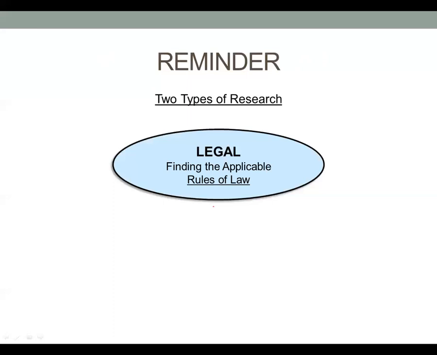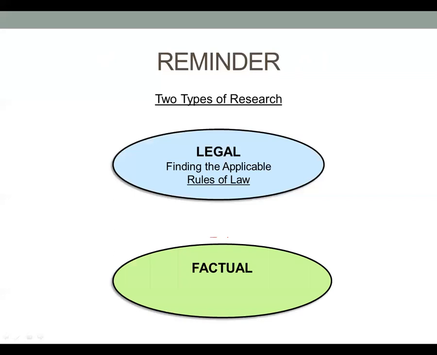But as you also saw, the minor premise or the second premise involves specific facts relating to your client's specific situation. So sometimes you may be required to do some additional factual investigation or research to make sure you have all of the facts that you need to compare to the rules of law, and to make sure that they're accurate.